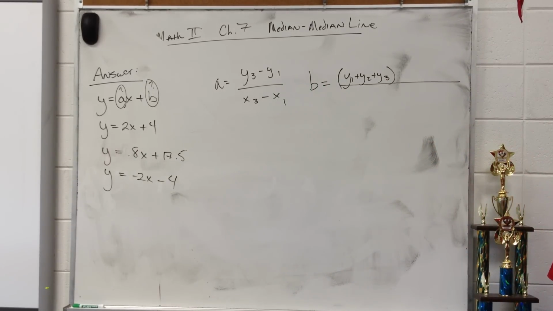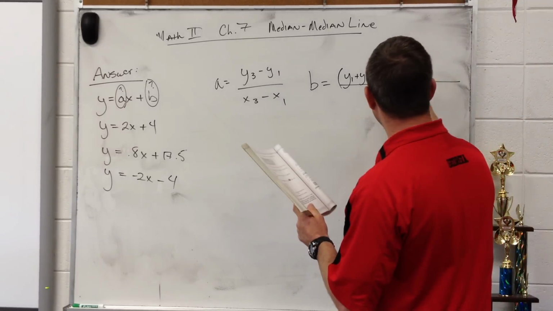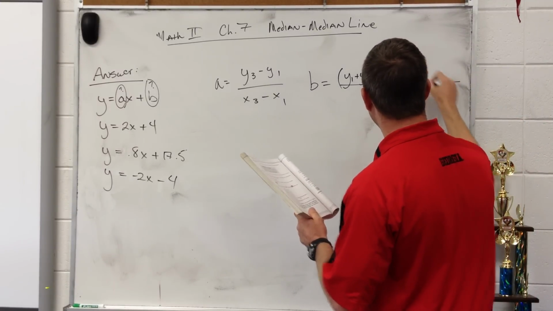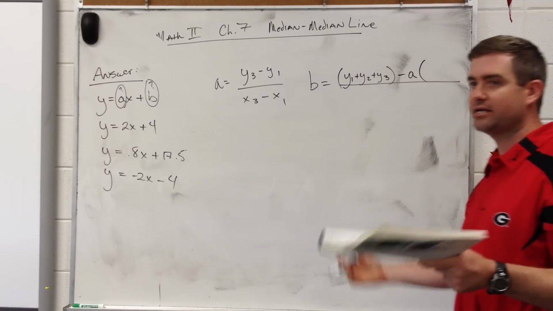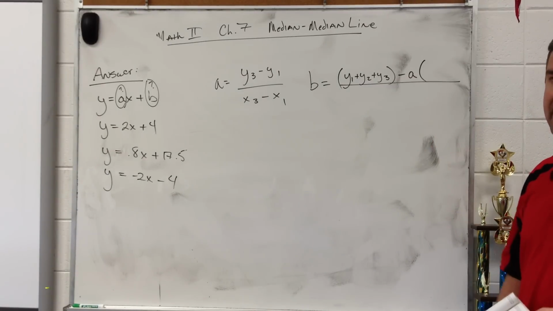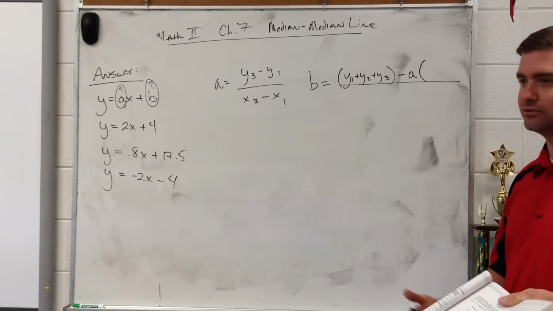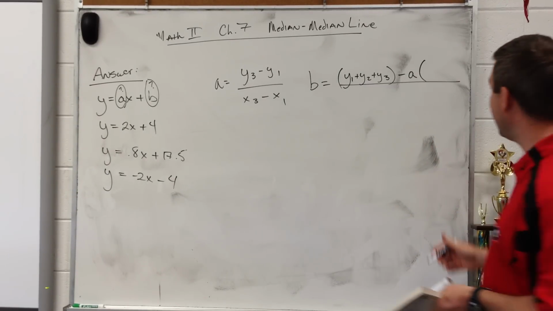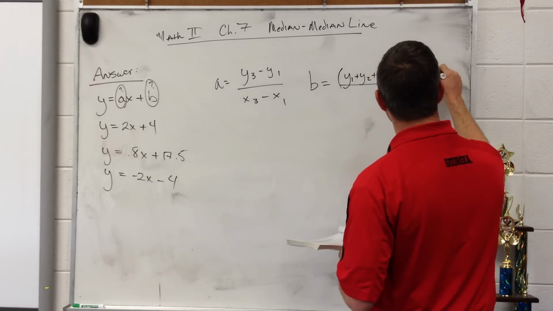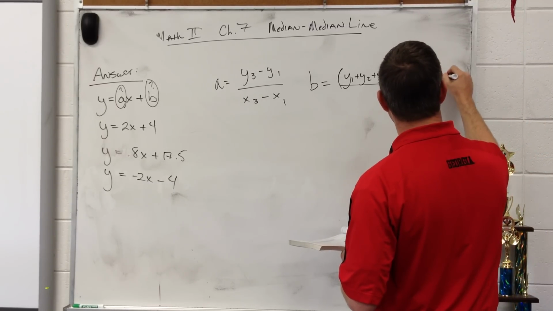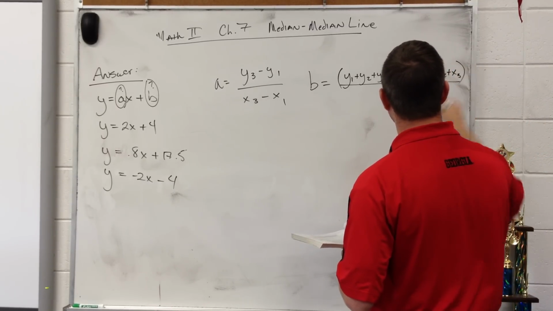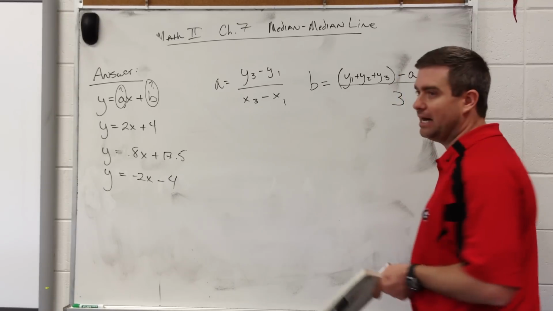I'm just getting the formulas out of the way. Add up all the y's. Then you subtract A, which we found right there. A could be negative 2, or it could be 0.8, or it could be negative 10, or 27, or whatever. A times, add up all the x's: x1, x2, and x3. All divided by 3.